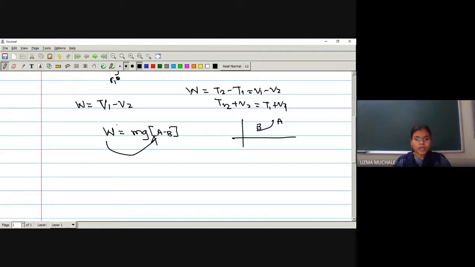Work done depends only on the end points. Then we saw that the work done for a force acting on a closed path is zero. That is, if A is equal to B, the work done will be zero in the conservative case, right? In a very similar way, we have seen the converse of this.